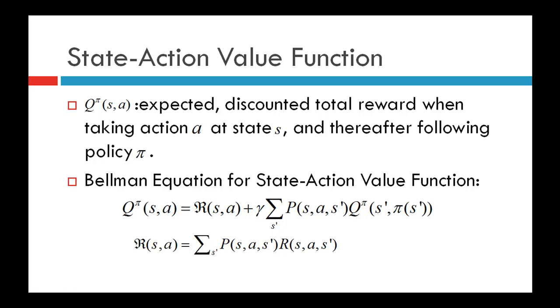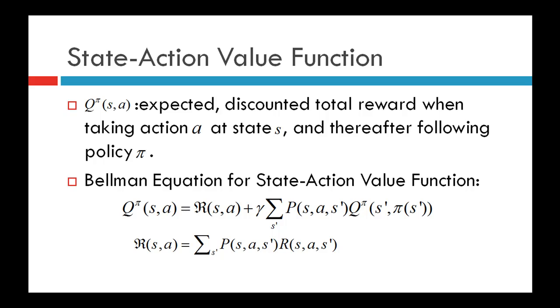So q_pi(s, a), the state action value function of the state action pair (s, a), is r(s, a), the reward function, which is given as the sum over all s' of P_a(s, s') times R_a(s, s'). That is the immediate reward multiplied by the probability of making a transition to the next state when the agent takes an action a in state s.